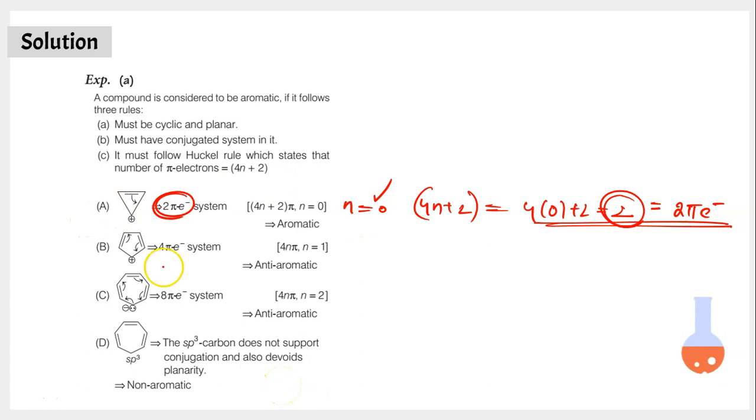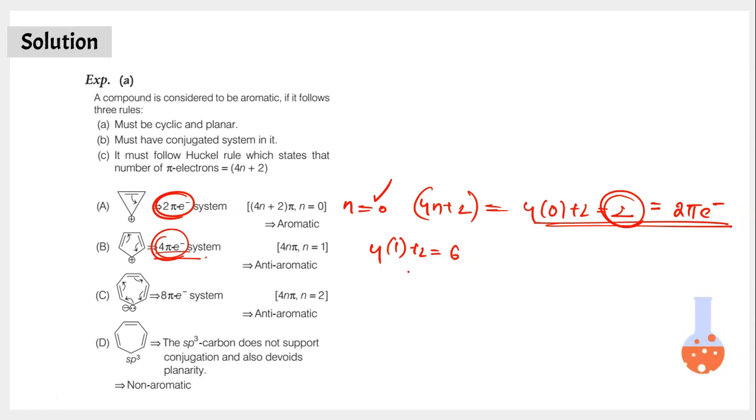On the other hand, the second option has 4 pi electrons, and you have to take the same equation 4n plus 2, and in place of n, you try to take 0. If you take 0, the number of electrons will come out to be 2, which is not equal to the total number of pi electrons you have here. And take 1 and check. If you take n equal to 1, then the total number of pi electrons comes out to be 6.